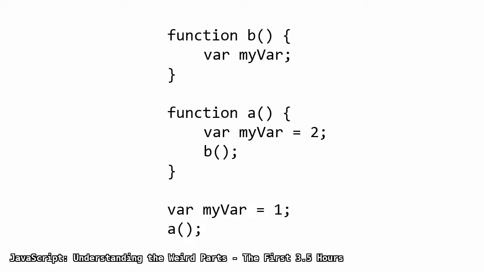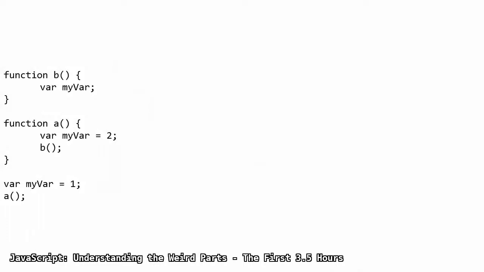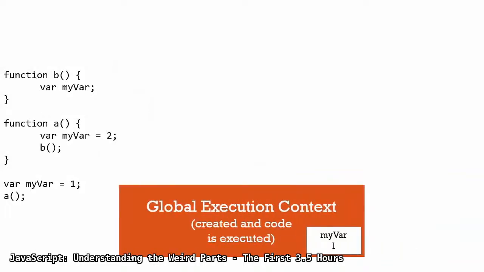To answer that, we need to think again about execution context. What's happening as these functions are invoked? So, at first, what happens? The global execution context is created, and so that bottom myVar is put into memory space.